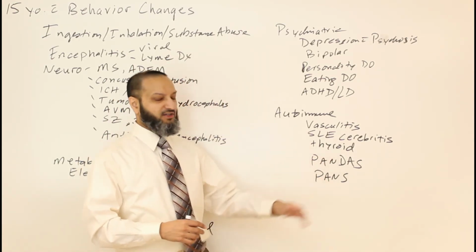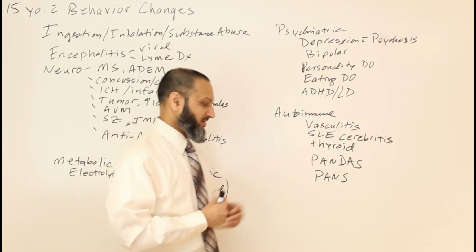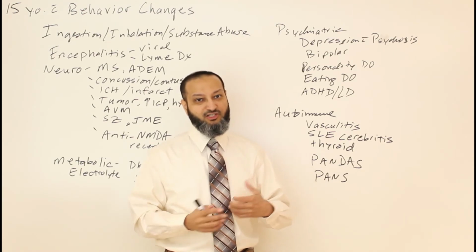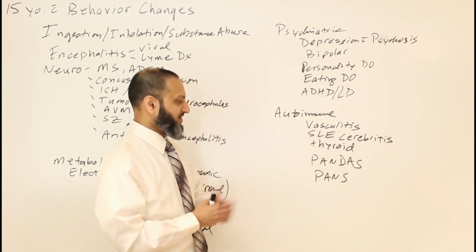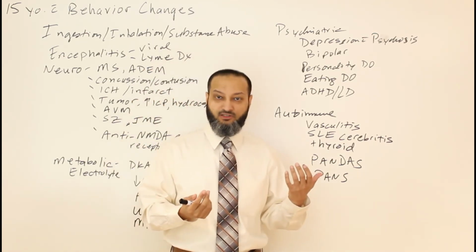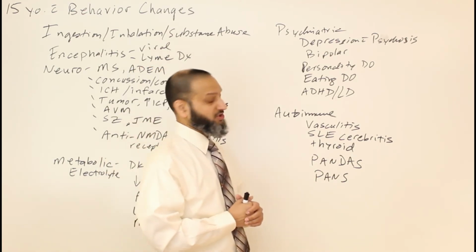So there's some discussion between infectious disease specialists and ENT specialists about what they think of these entities. But I think it's something that could still be considered on a 15-year-old coming in with behavior changes as well.